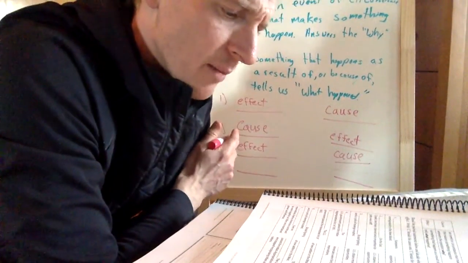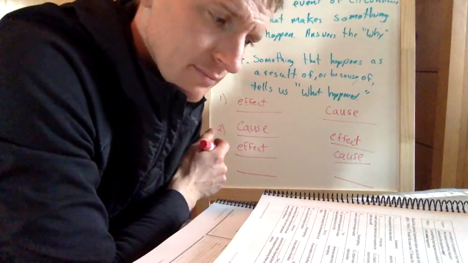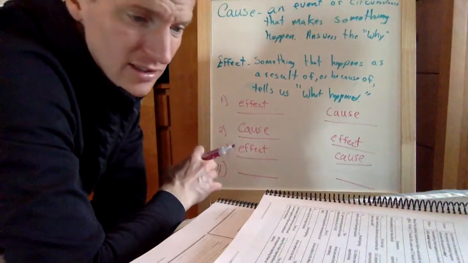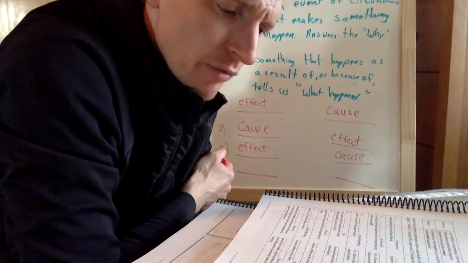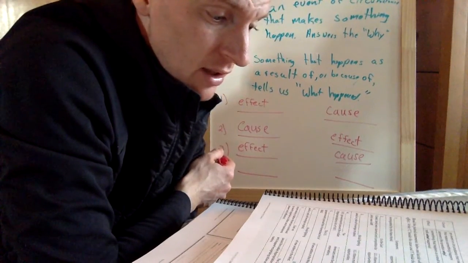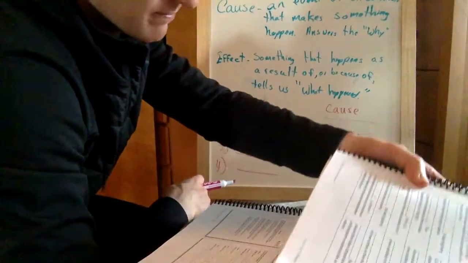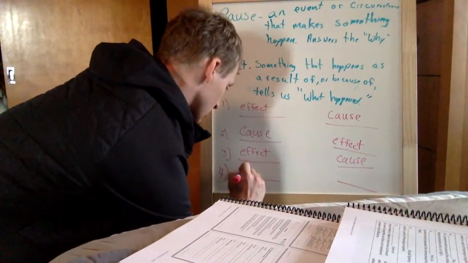Now number 4. The U.S. government passed the Indian Appropriations Act of 1851 because more Native Americans were forced to relocate on the reservations, or more Native Americans were forced to relocate onto the reservations because the U.S. government passed the Indian Appropriations Act of 1851. Yes. So the first one is the cause.